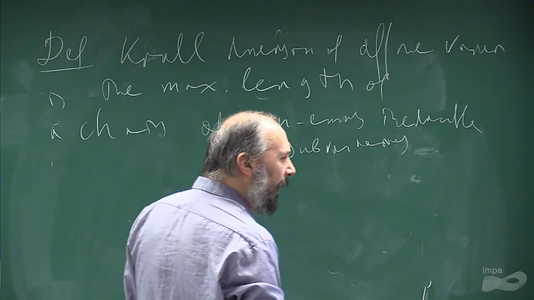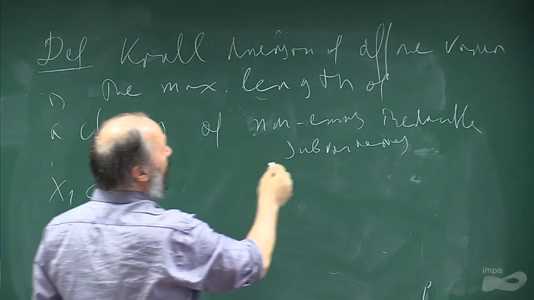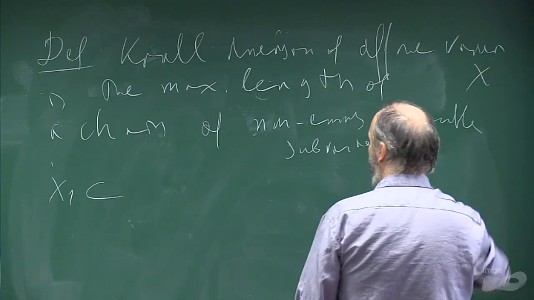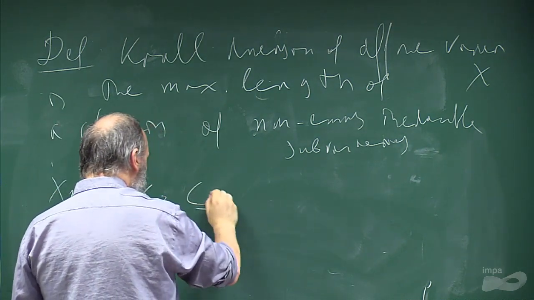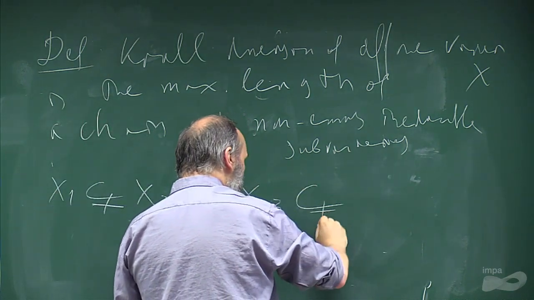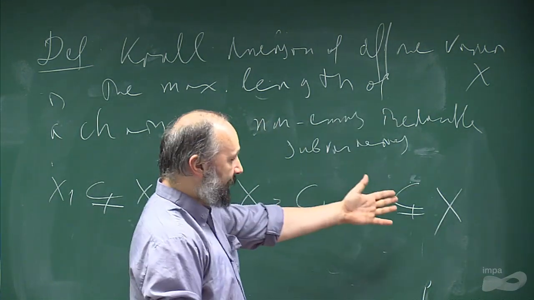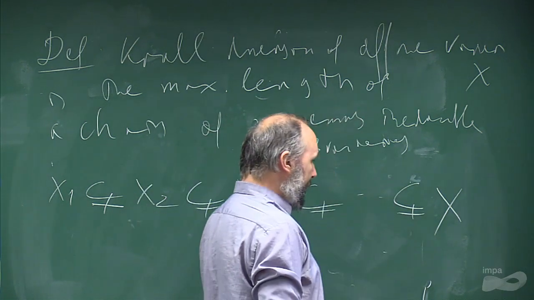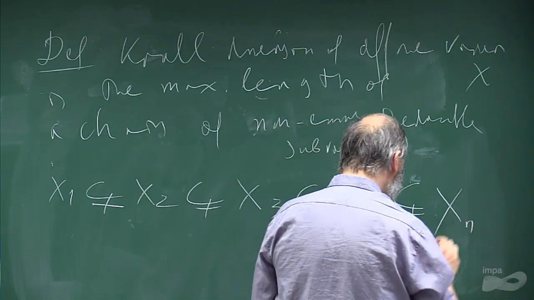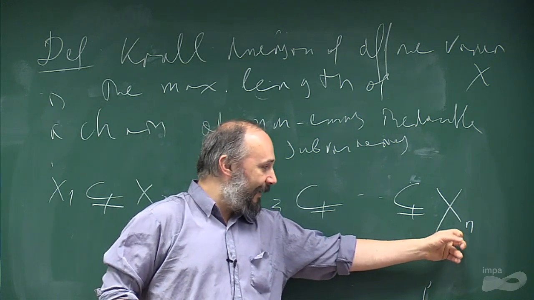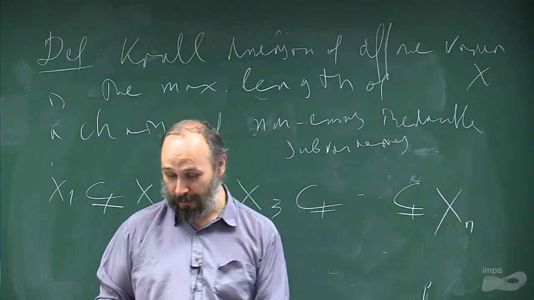You have x1 inside, not equal to x2, inside, not equal to x3, and so on, and you end up with x if it is irreducible. Otherwise, you won't end up with one of the components, because you need it to be irreducible.